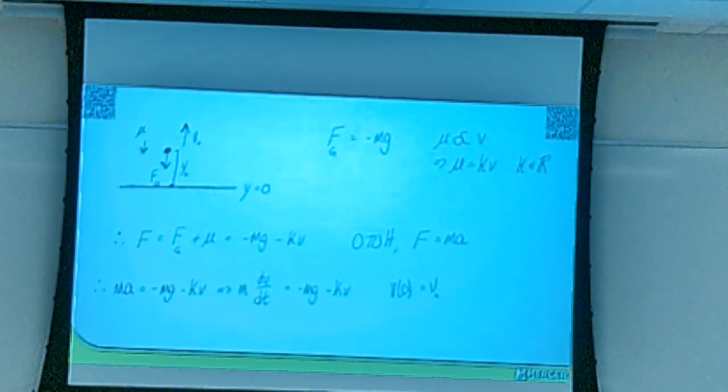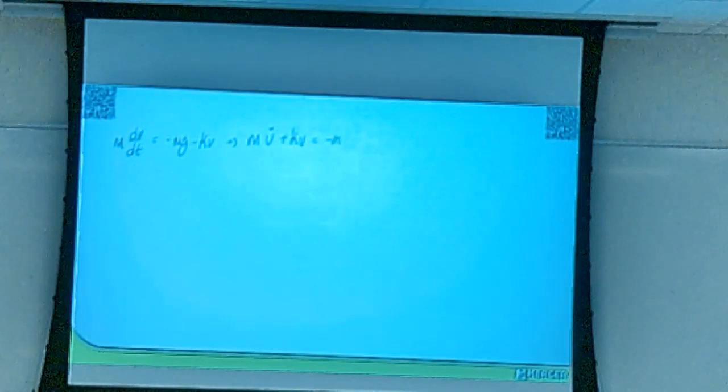That makes it really easy to solve. I'm really sick of writing dv/dt. You familiar with dot notation? Good. We have to divide by m, right?